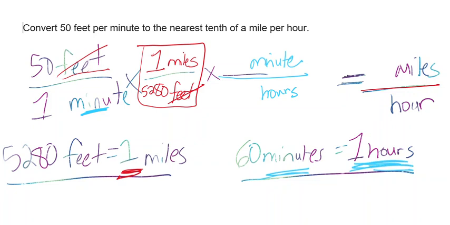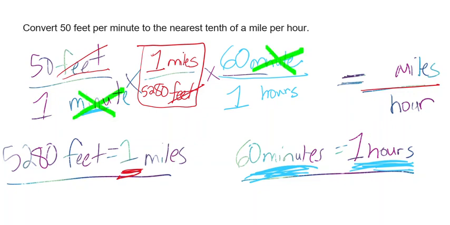Look at my fact that I started off with. 60 minutes is equal to 1 hour. So that means a 1 goes on the bottom beside hour and a 60 goes on the top beside minutes. Doing this cancels minutes on the top and minutes on the bottom. Those cancel out.